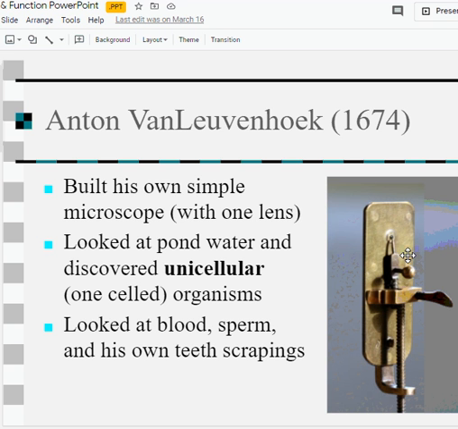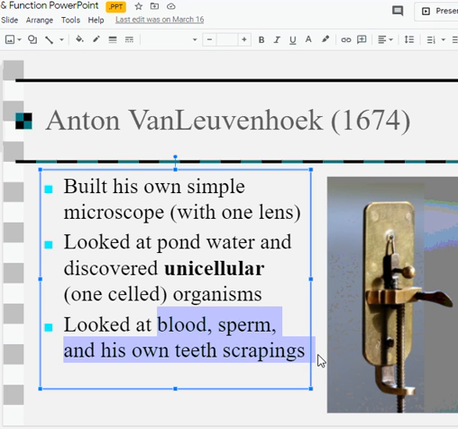It had a single lens, and he was able to look at pond water and identify single-celled organisms. Types of things that he observed: blood, sperm, scrapings from his own teeth. So there were probably bacteria in there that maybe he was observing. I'm not sure, but scrapings from your teeth sounds pretty gross to me.